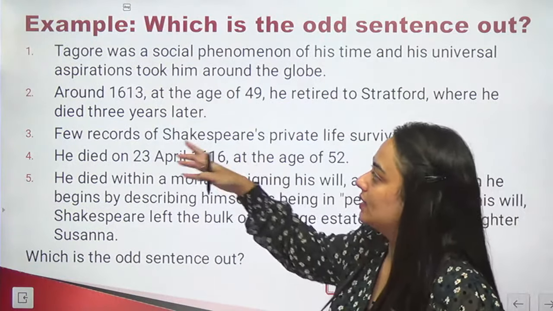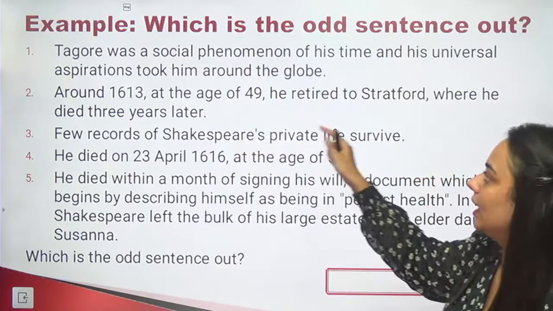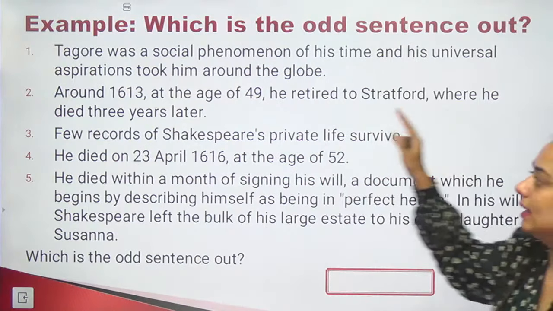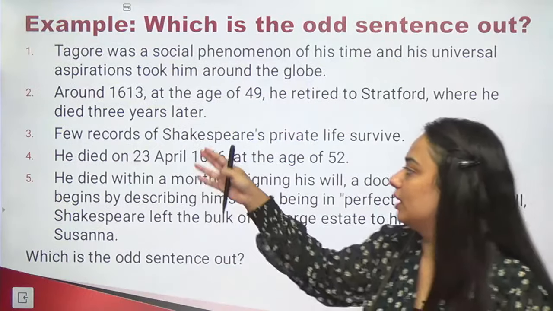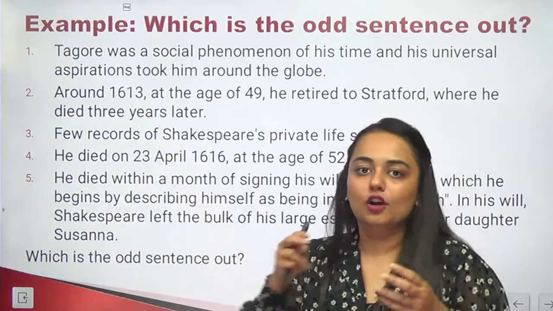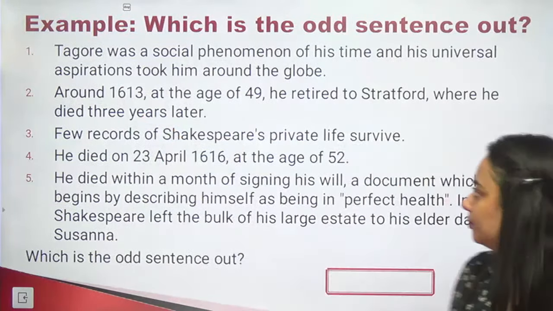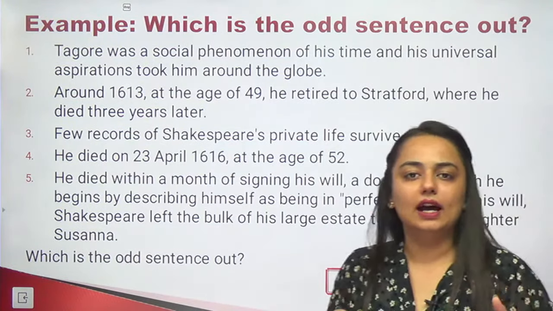So if we look at the second sentence, around 1613, at the age of 49, he retired to Stratford, where he died 3 years later. So even before moving to the rest of the lines, you can guess it first of all by looking at the year. Was Tagore alive during this time? And then after that, you can see Stratford has been mentioned. Was Tagore there? Did he die there?